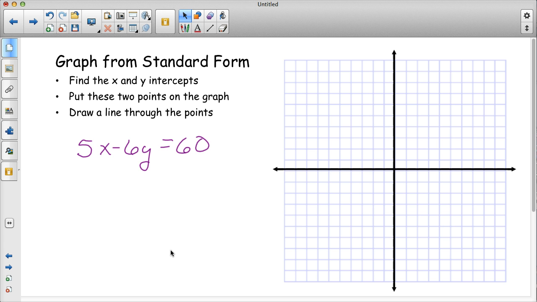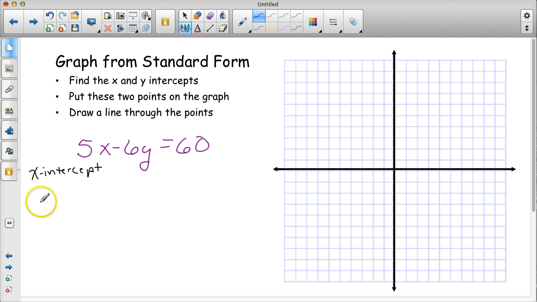Now, how do I find the x and y intercepts? Well, the x-intercept is found by making y equal to 0 and solving for x. We do that because any point on the x-axis has a y value of 0. So to find my x-intercept, I'm going to replace my y in my equation with a 0.